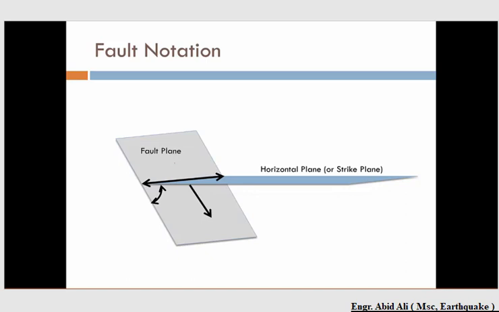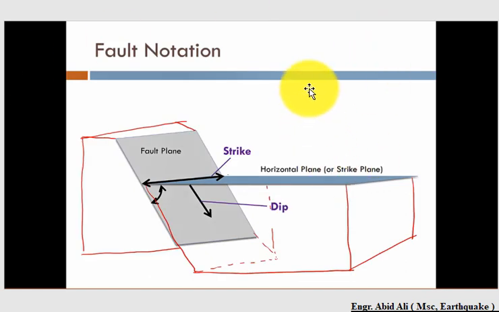So looking at fault notation, let's imagine now we have this fault. We have this fault plane which represents the fault diving down into the earth. Think of this as our three-dimensional drawing that we had before.